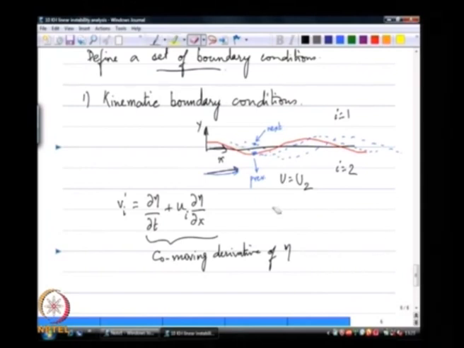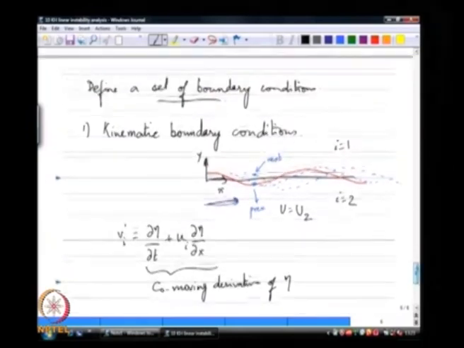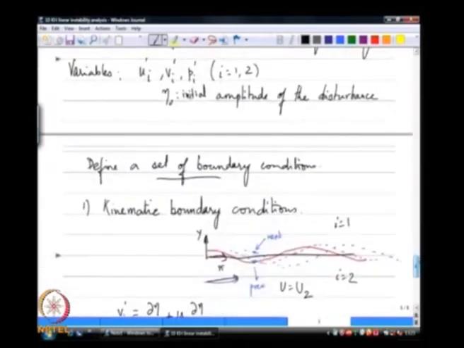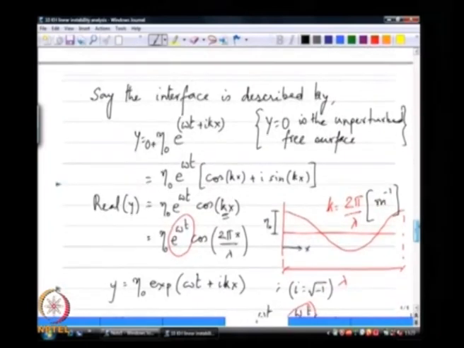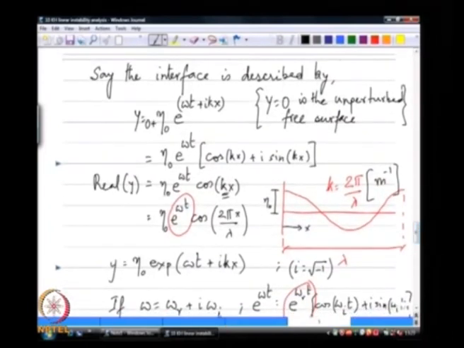It is a co-moving derivative of eta, and what we say is even if eta is not a function of time. So, think for a moment, remember we said this is our eta as a function of x and t.